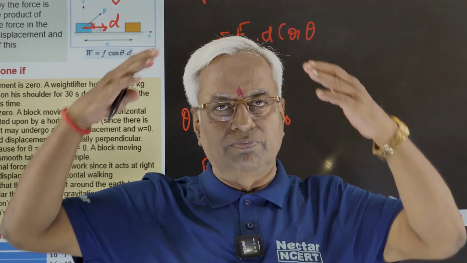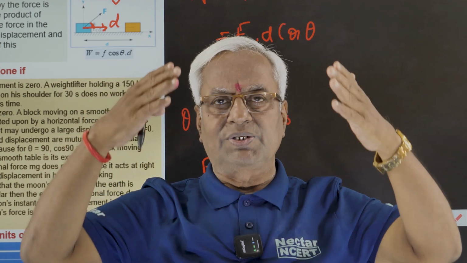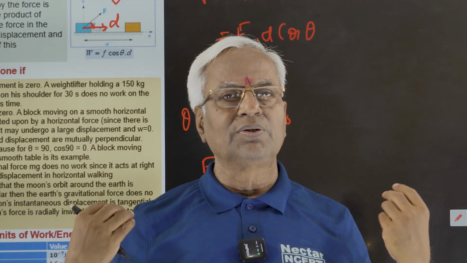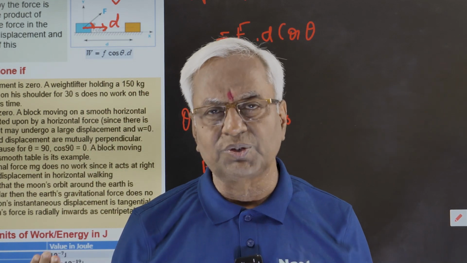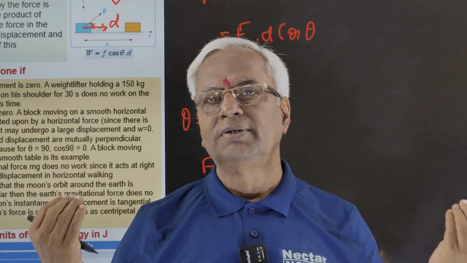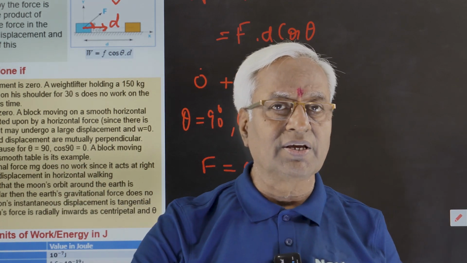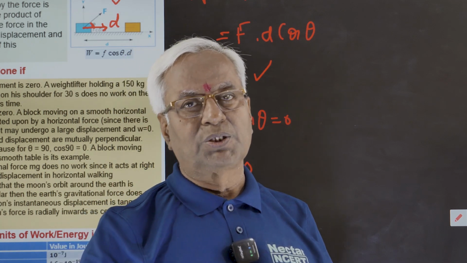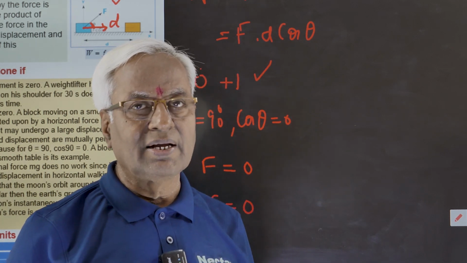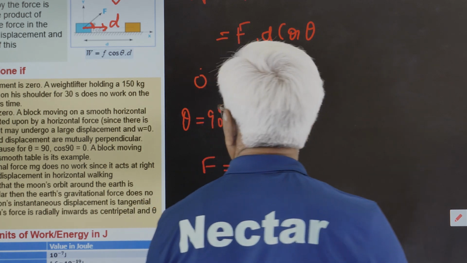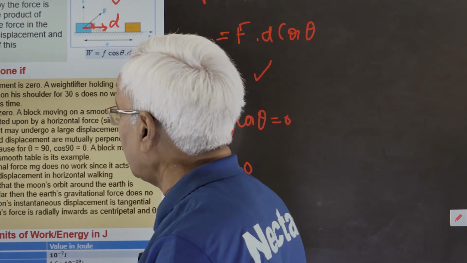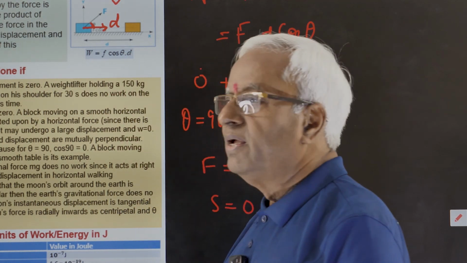Suppose some load is over the head and you are standing regularly; since there is no displacement, don't even think of work. So these three cases: F is 0, displacement is 0, or the angle between them is 90 degrees. In these three cases, you find that there is no work.